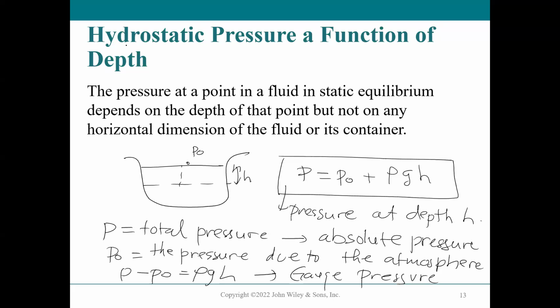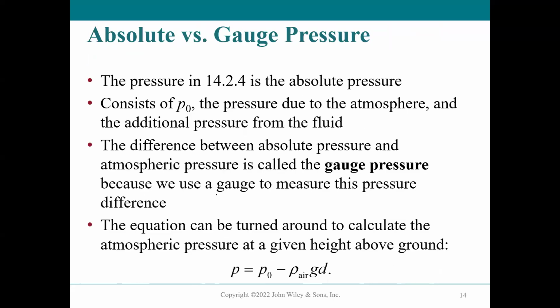So we know that hydrostatic pressure is a function of depth. H is the depth of fluids, you know, the water, for example, or another fluid. In this case, the difference between absolute pressure and atmospheric pressure is called the gauge pressure, because we use a gauge to measure this pressure difference.